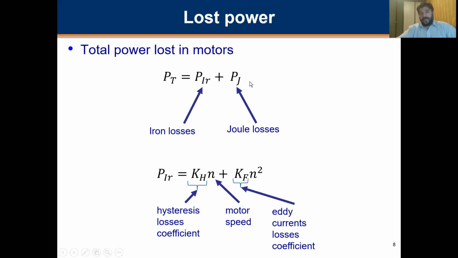The iron losses depend on the hysteresis losses and the eddy current losses, and they depend on the speed and the square of the speed, using coefficients KH, the hysteresis loss coefficient, and KF, the eddy current loss coefficient. N is the motor speed.